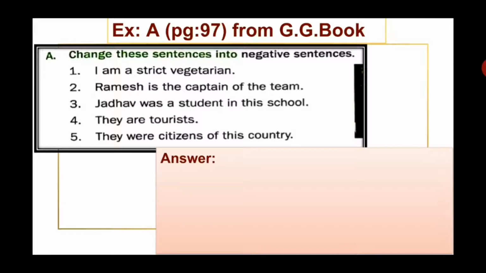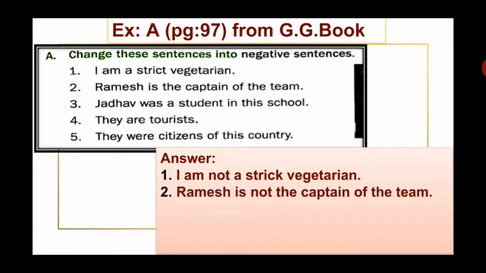I am a strict vegetarian. Okay. So what will be that? I am not a strict vegetarian. Ramesh is the captain of the team. Is is the verb here, the be verb. So after that I have to use not. So the answer will be Ramesh is not the captain of the team. Number 3.